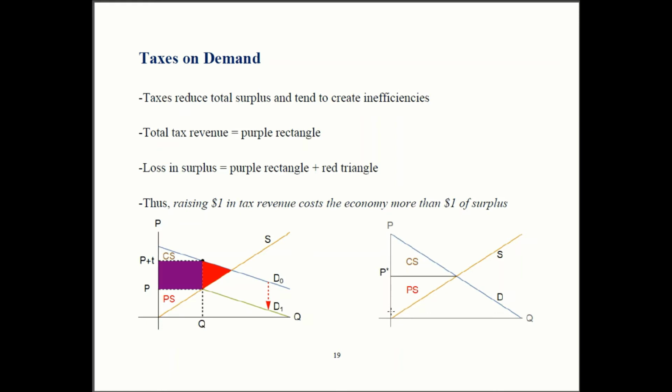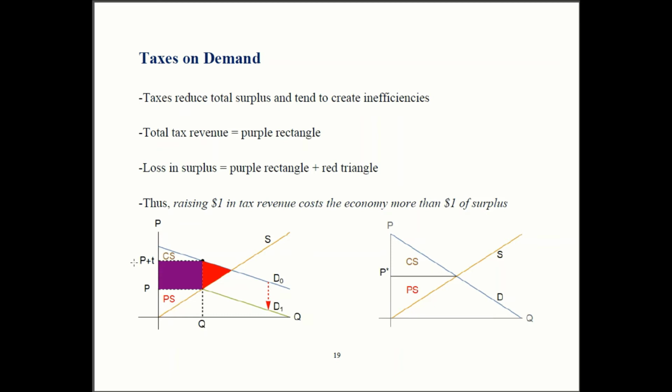Now if you add a tax, the story changes. The consumer's willingness to pay is given by the demand curve up here, D0. The price they effectively pay is P plus T. They pay the price P to the firm, and they also pay the tax T to the government.